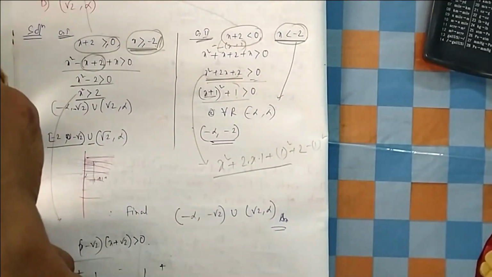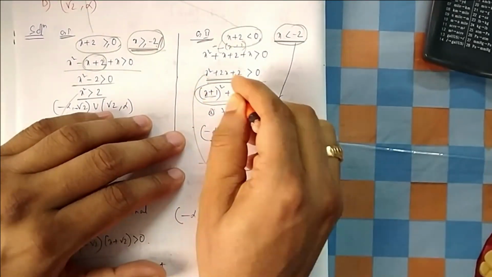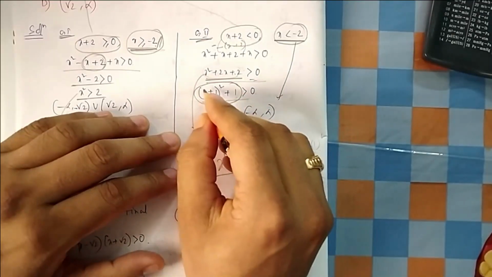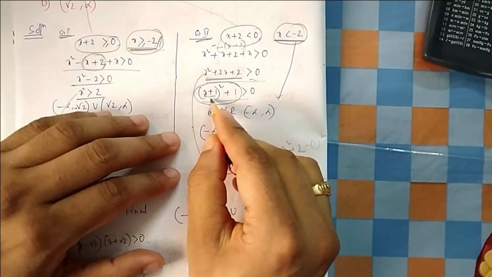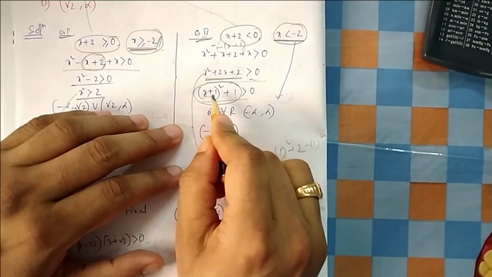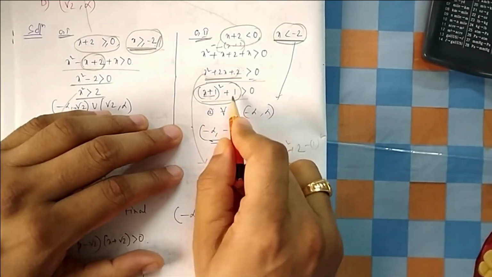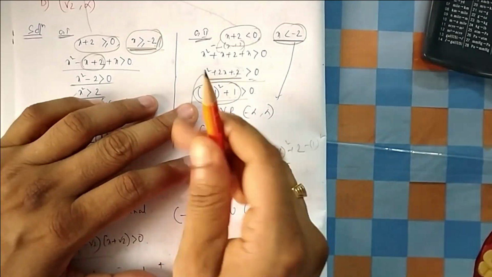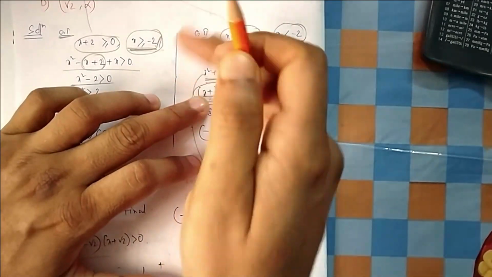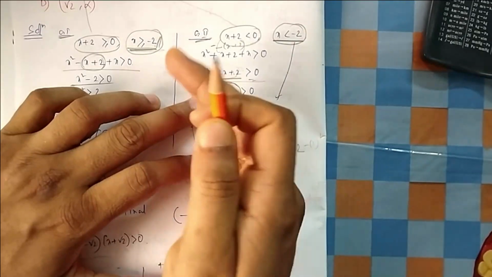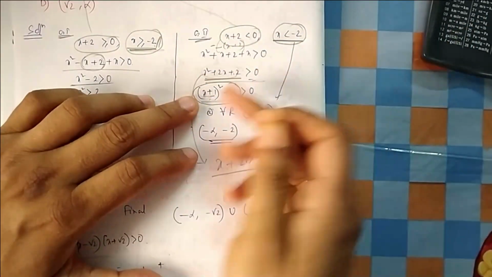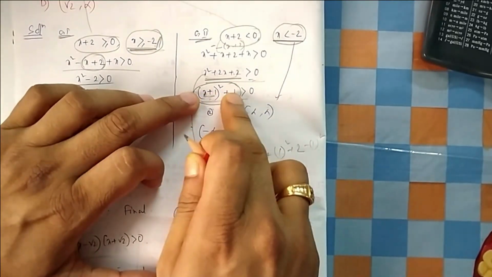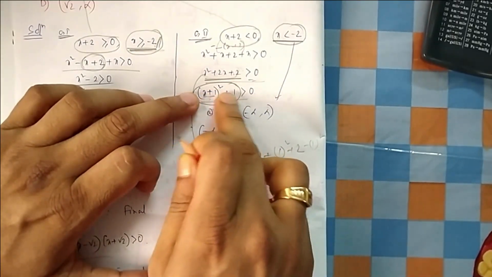Now look at this carefully, because I have told you so many times, a perfect square never becomes negative, so its value will always be greater than or equal to 0. If you are adding 1 to it, the minimum value of the total expression is 0 plus 1, which is 1.